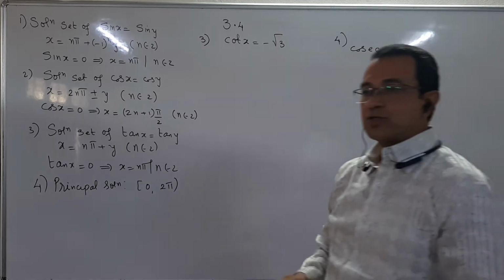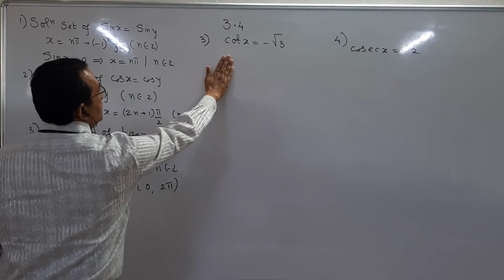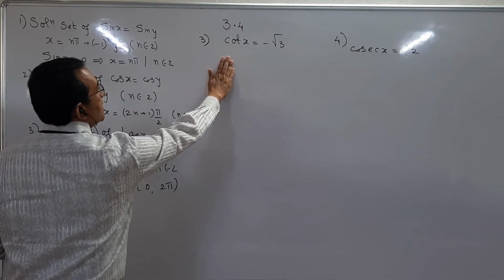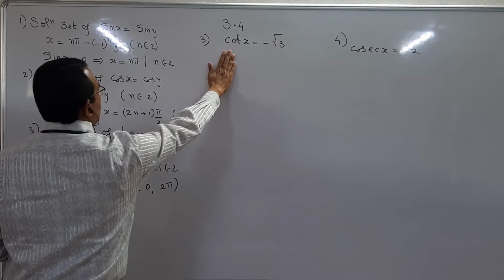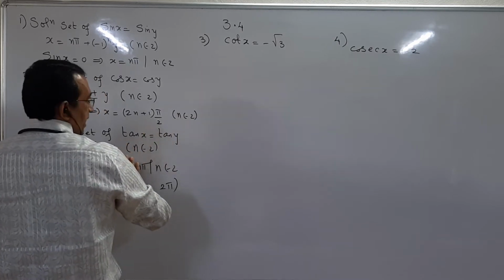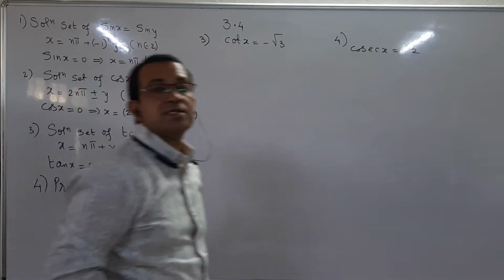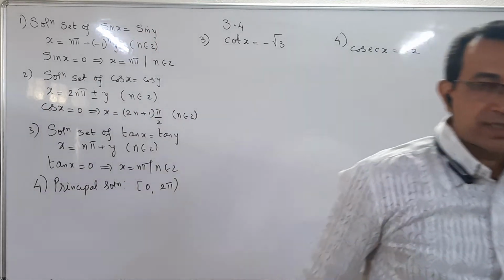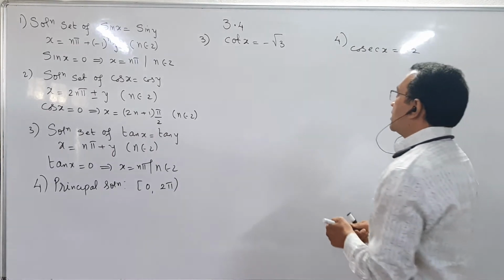I explained in the last lecture that we haven't written the solution set of cot x and cosec x. The reason is cot x can be converted to tan x and cosec x can be converted to sin x.